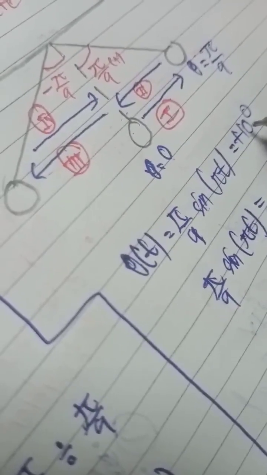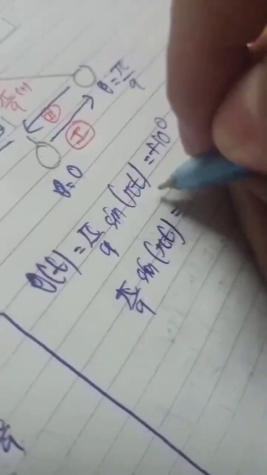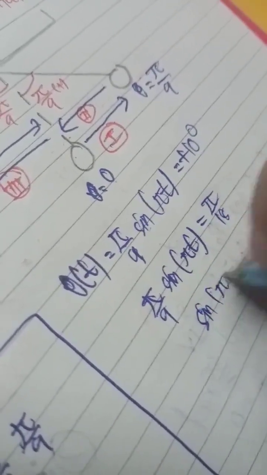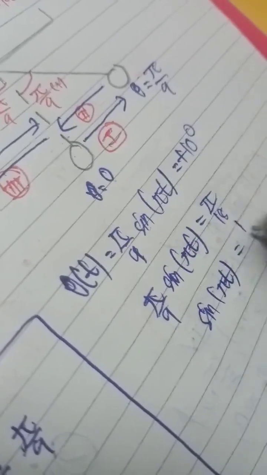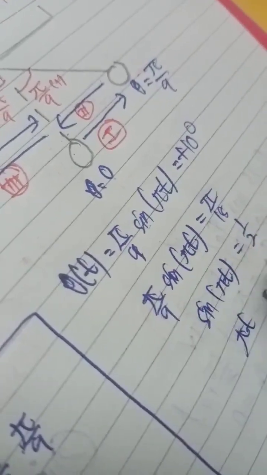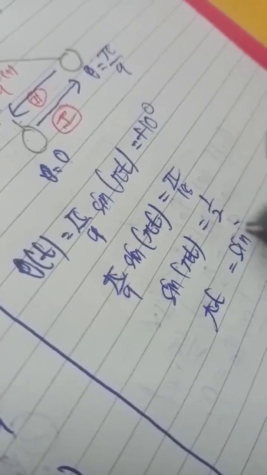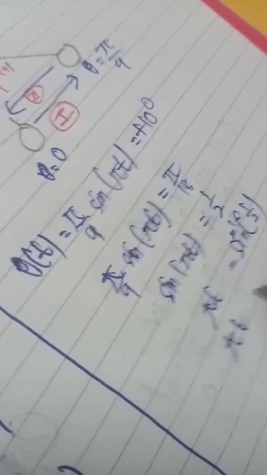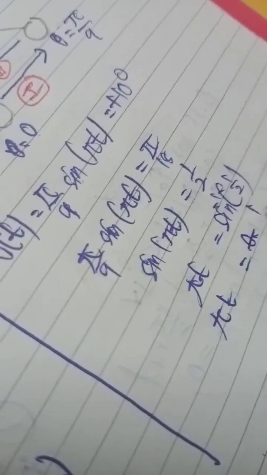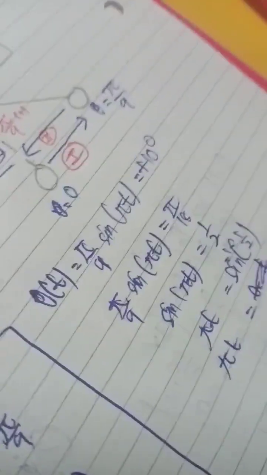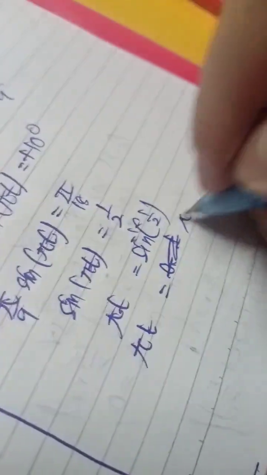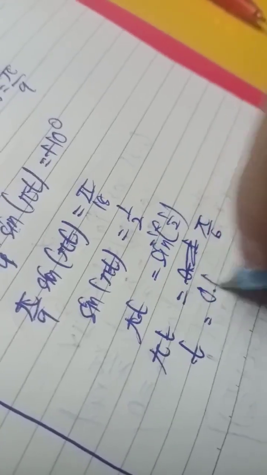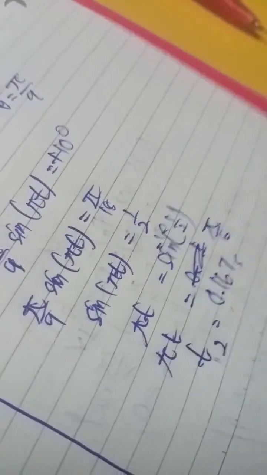So change 10 degrees to radian form, which is pi over 18. So sine pi t is equal to 1 over 2. So pi t is equal to sine inverse of 1 over 2. So pi t is equal to pi over 6. So we get t equal to 0.167 second. This is time 2.